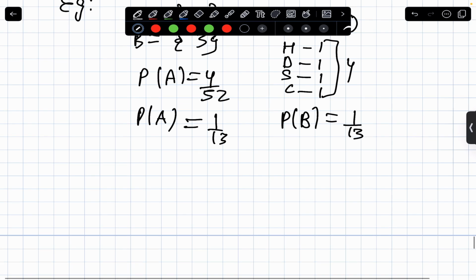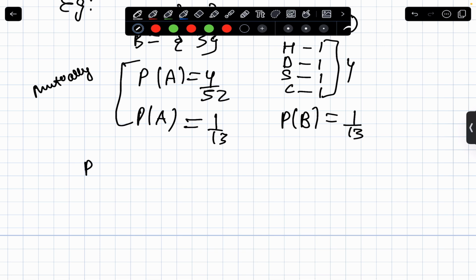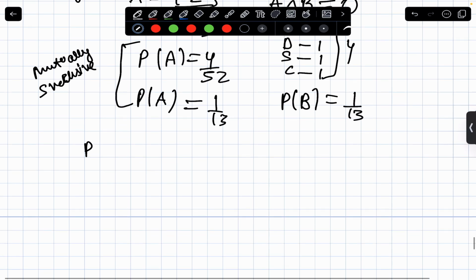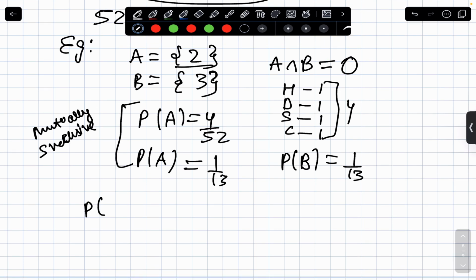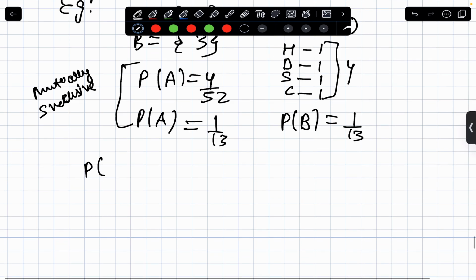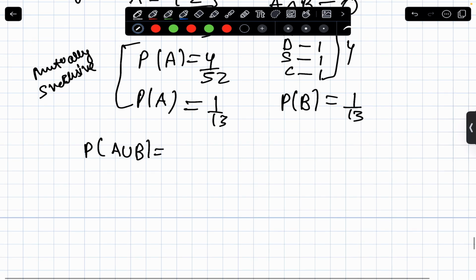Okay, now, can we say these are mutually exclusive? Yes, these are mutually exclusive. If we want to find the probability of these two events happening, then we need to find the union probability of A union B. And if we know that this is mutually exclusive, then we know what it is.